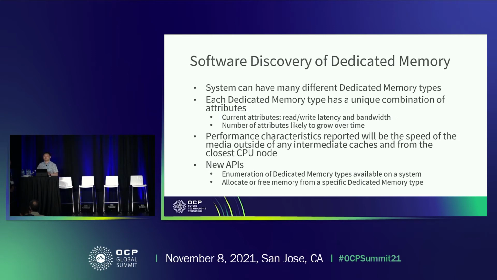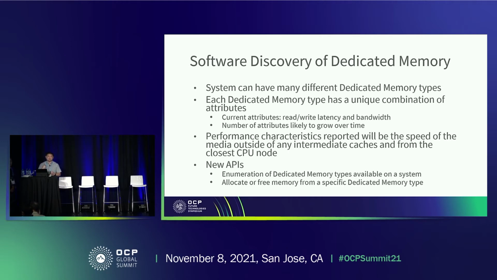From an application software perspective, we will be providing new APIs that allow applications to discover what dedicated memory types are available on the system. Like I mentioned, and as multiple other folks have mentioned earlier, we're going to see systems in the future that have memory of varying characteristics residing on them. So we want to build an infrastructure that doesn't assume anything about the number of dedicated memory types that can be present in the system.